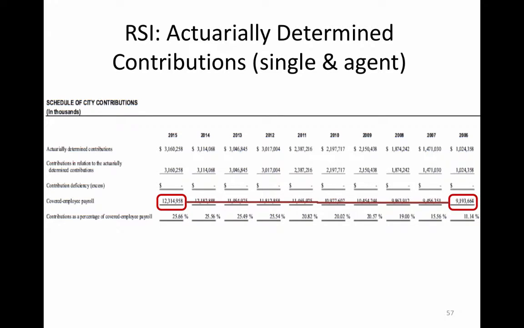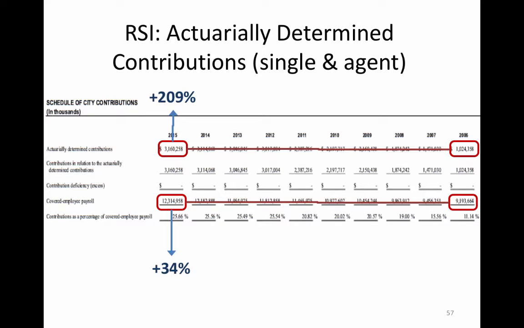Their covered payroll increased by 34% over that 10-year period, which really isn't much in terms of growth in personal services spending for a government over a 10-year period. But look at what happened to their contributions. Their contributions tripled. They went up by over 200%.